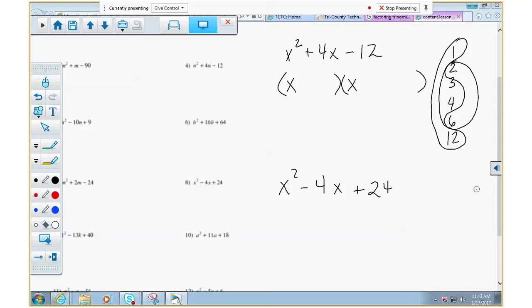So you go over here and you say 12 and 1 will give me an 11 or a 13. 6 and 2 will give me an 8 or a what? 4. 3 and 4 will give me a 1 or a what? 7. So which one do we need? We need a 4, right? Middle term, 4. We need a 2 and a what?